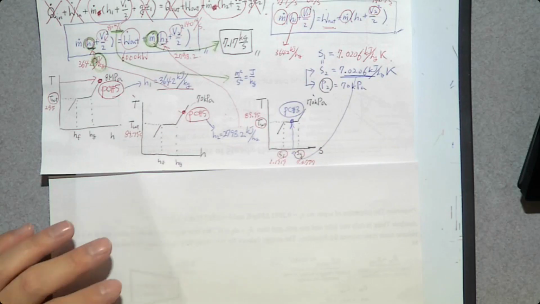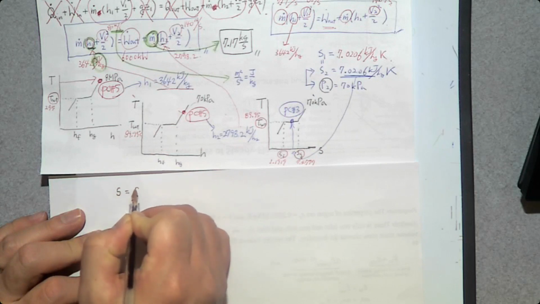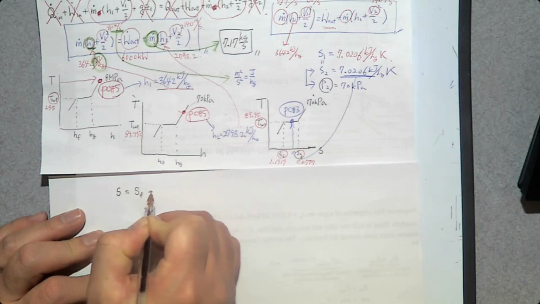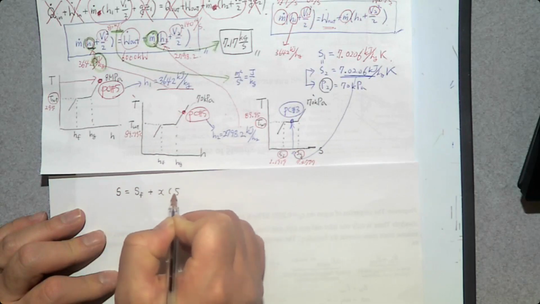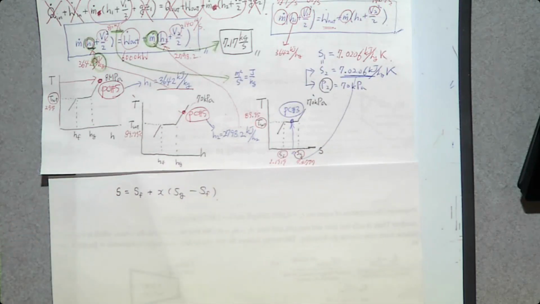So let's find quality X. How do we find quality X? We can use the linear interpolation equation, which is S equals SF plus quality X times SG minus SF. This equation looks very familiar. We did many table problems a long time ago, right?